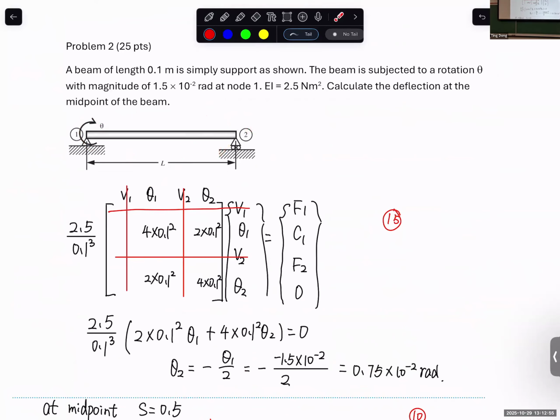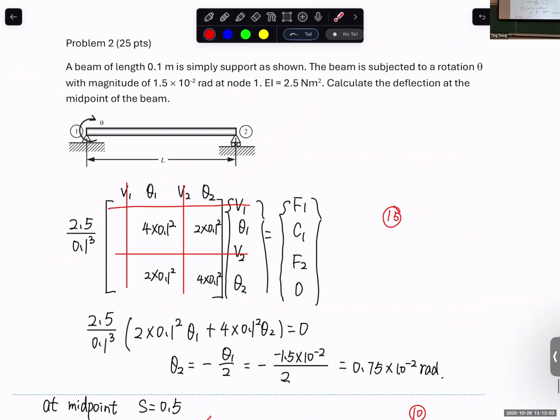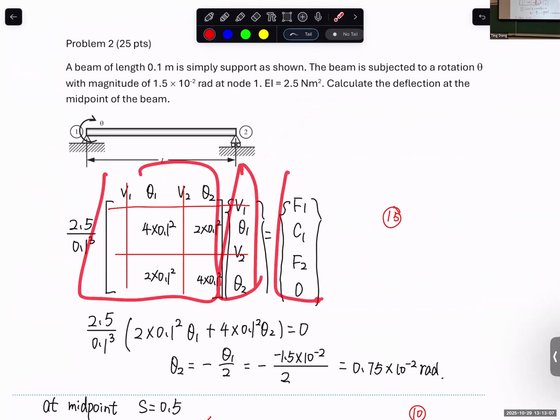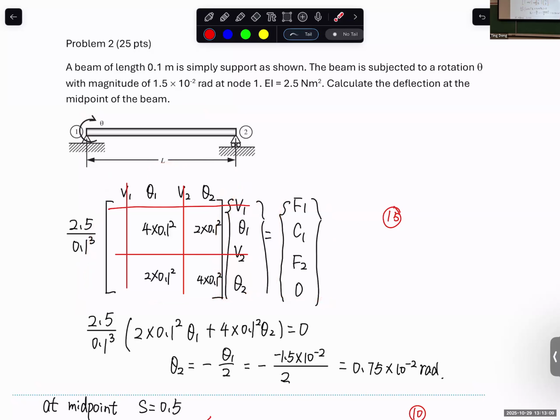There's no couple applied here, and from the picture you know that there's no couple applied. If there were a couple applied, I would put something here. So basically, again, K Q equals F, this is K, this is Q, this is equal to F. And since this is a pin joint, these F are reaction forces.